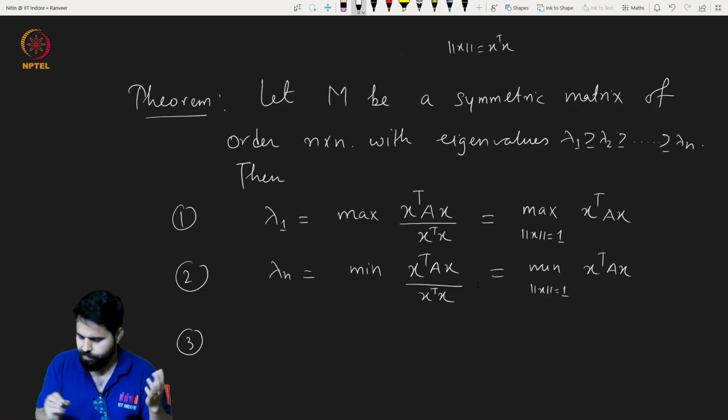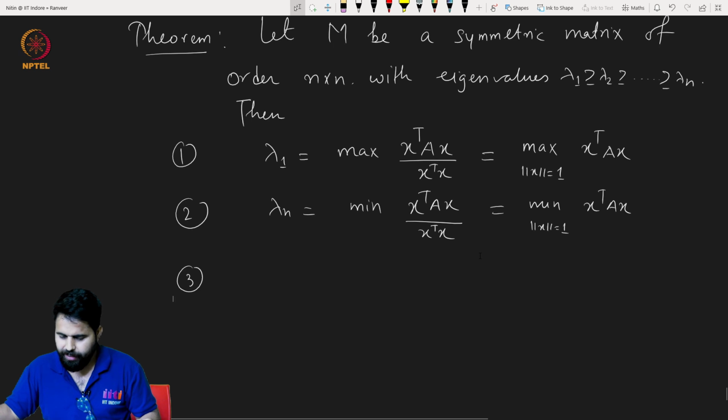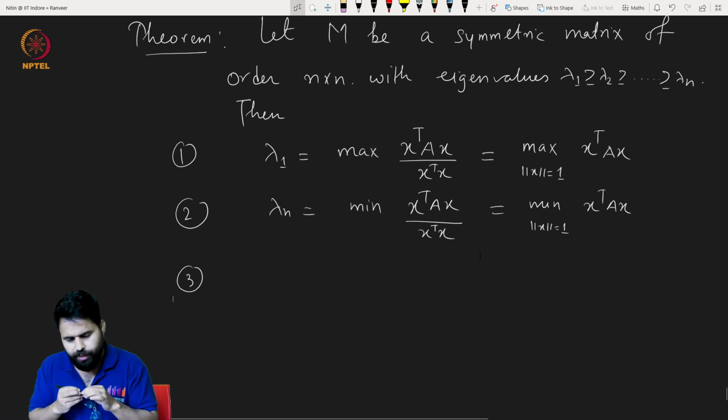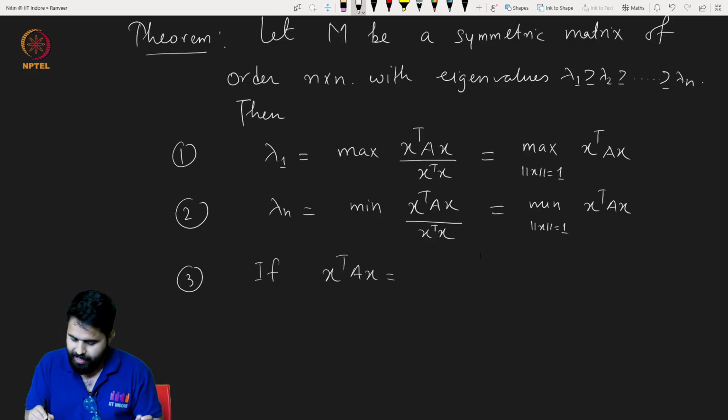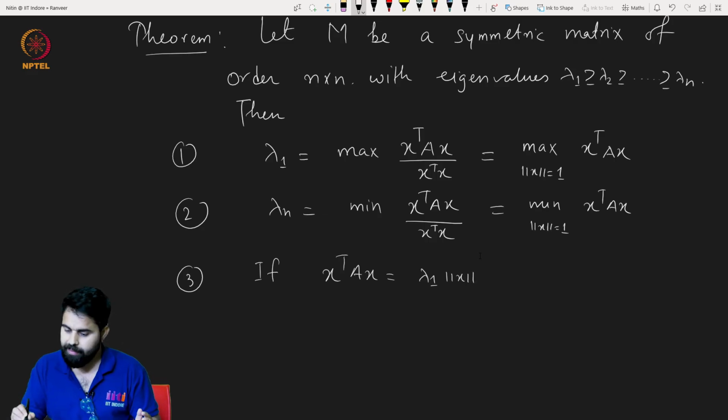So let us try to prove it, and maybe we can prove one more result. Let me write that result. I will prove all this together. The third result is: suppose x transpose Ax equals lambda 1 times norm x squared, then this implies Ax is equal to lambda 1 x.